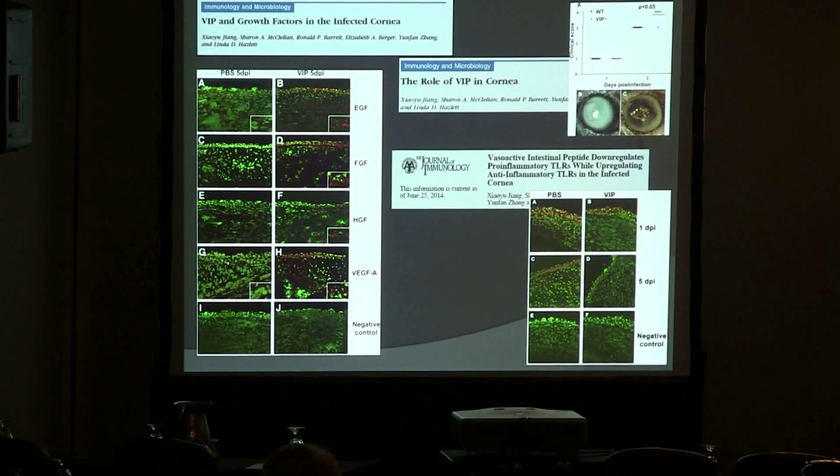We've also had a few additional studies that have shown that VIP not only affects growth factors, but also angiogenic molecules and defensins. We've also shown that it is able to upregulate anti-inflammatory toll-like related molecules such as SIGIRR, while downregulating TLR4, which is the major toll-like receptor for LPS.